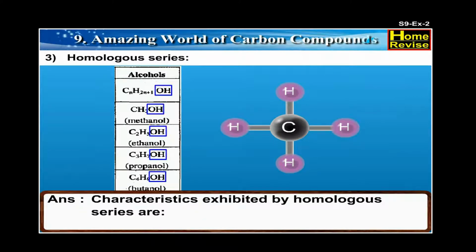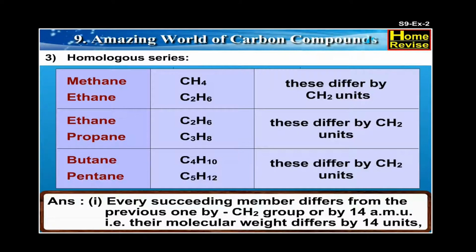Characteristics exhibited by homologous series are: first, every succeeding member differs from the previous one by CH2 group or by 14 atomic mass unit, that is, their molecular weight differs by 14 units.